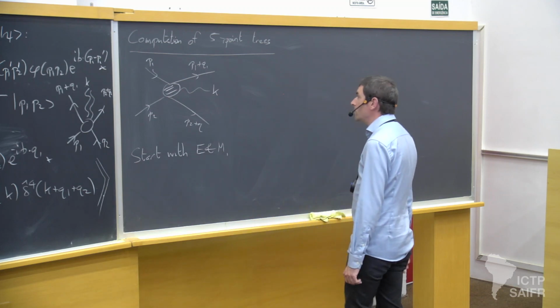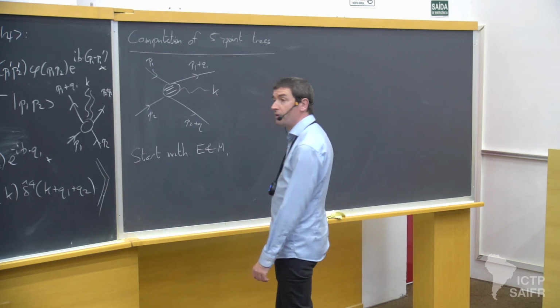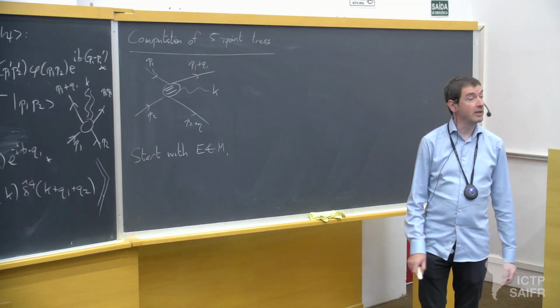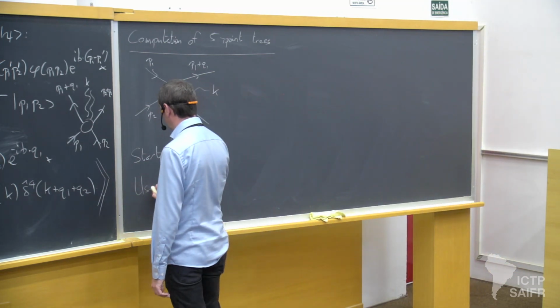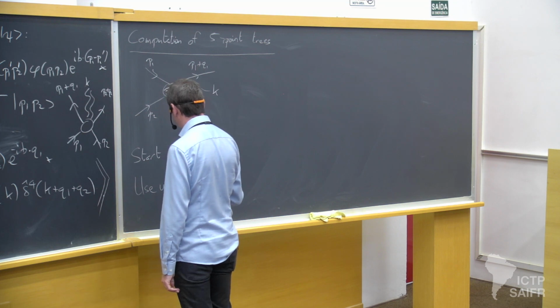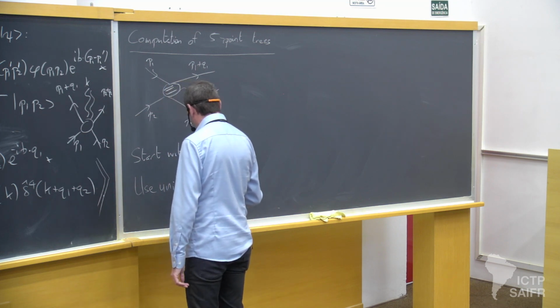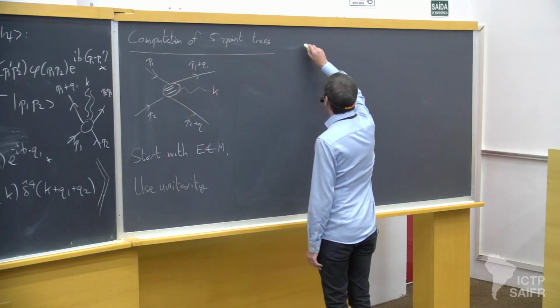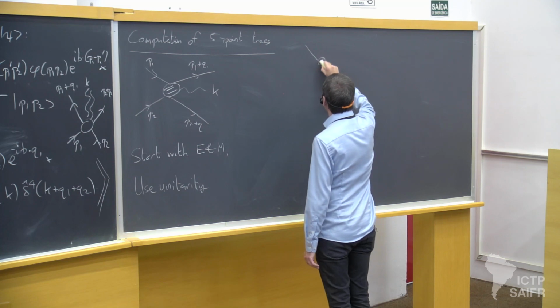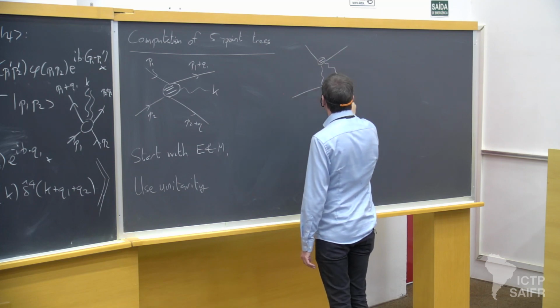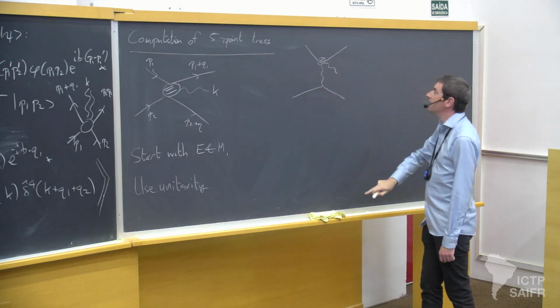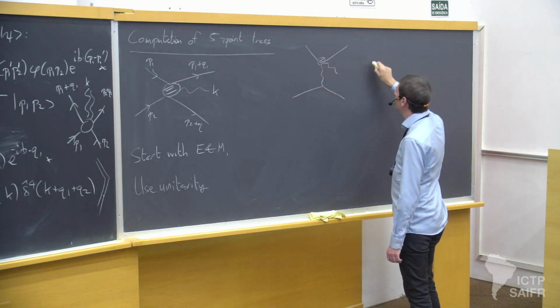Okay, so we can perform the computation with generalized unitarity. Basically, we can fuse together two lower point trees. So then what we'll need to worry about are diagrams like this: a 3-point amplitude and a 4-point amplitude.